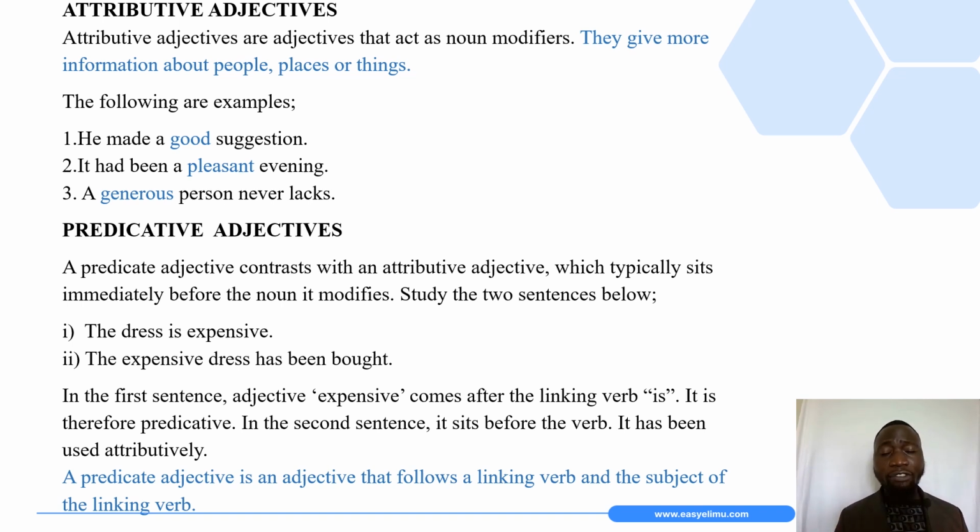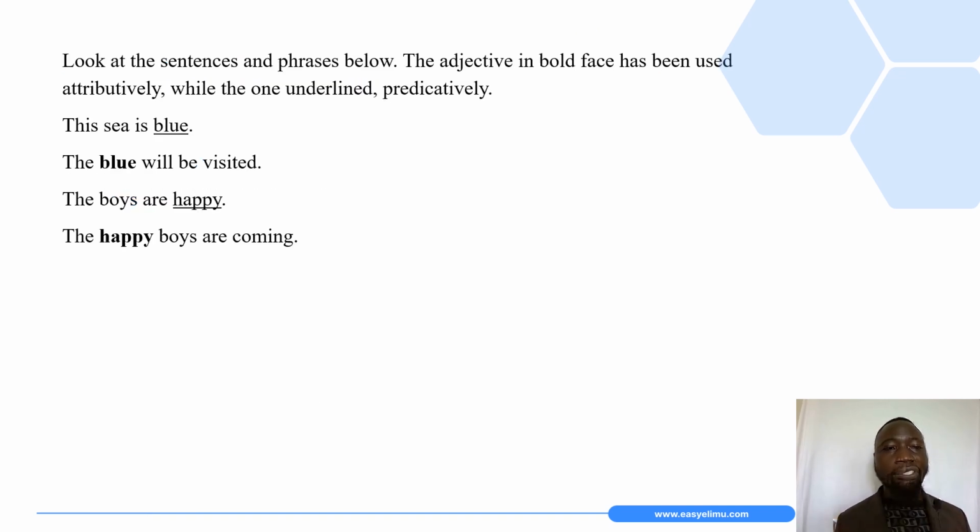So I have a few sentences here that I also want us to look at. Look at the sentences and phrases below. The adjective in bold phrase has been used attributively, while the underlined have been used predicatively. So these are just more examples that can help us understand the use of attributive and predicative adjectives.